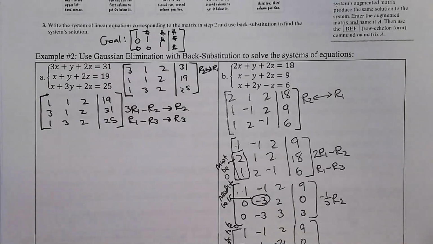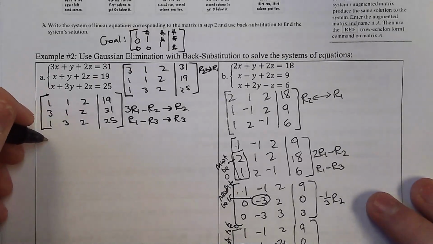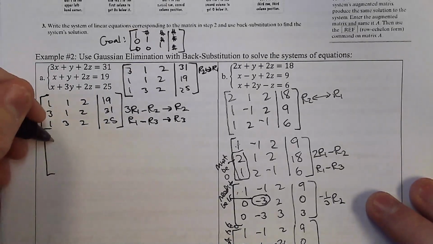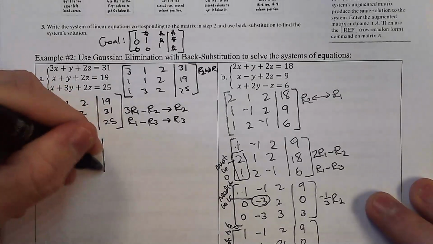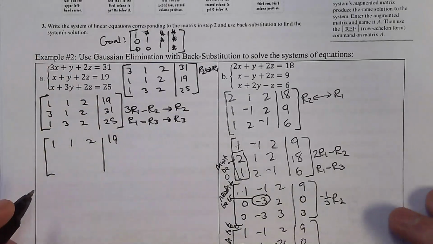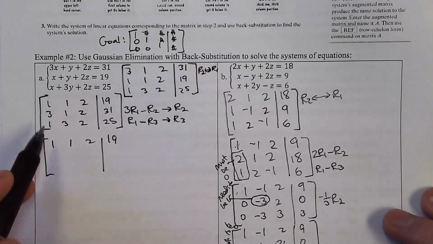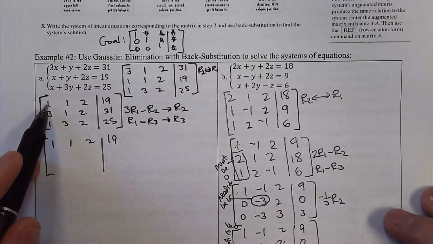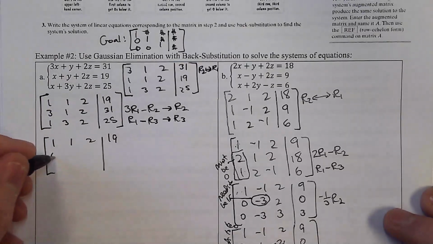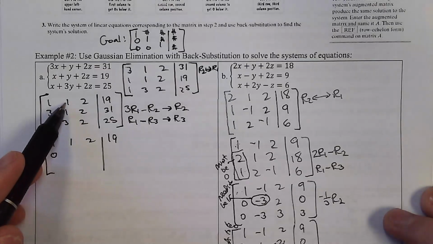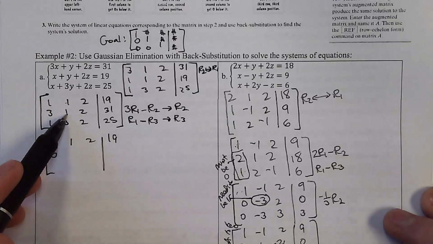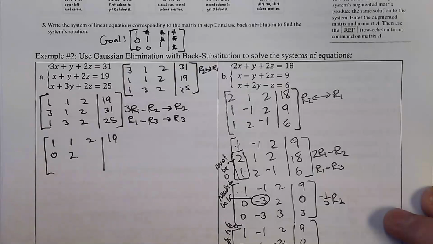So the top row is not going to be changed. 3 times the first row, 3 times 1 is 3, minus 3 is 0. Now you've got to do it for all of them. What's 3 times the first row? 3, 3 minus 1, 2.